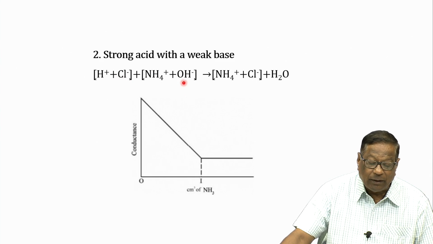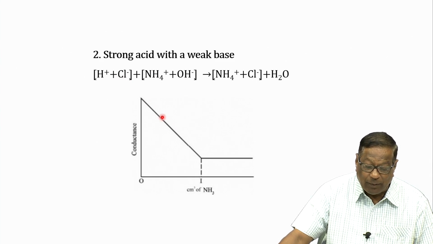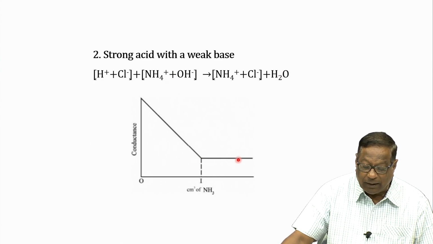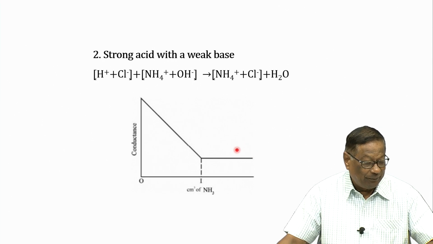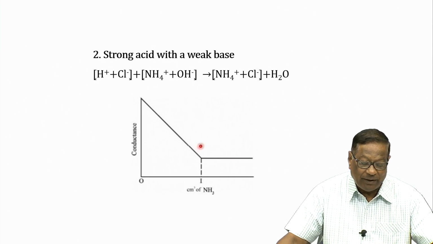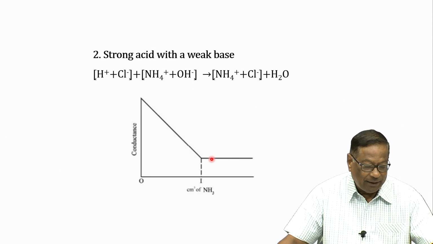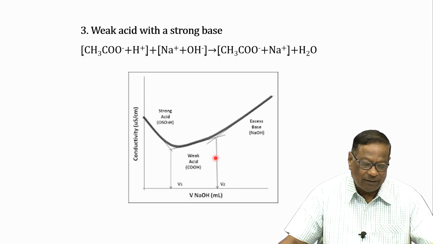The conductance will keep on coming down so long as water is formed as one of the products, and the excess NH4OH will remain, so conductance will remain essentially the same. So, the intersection is again available for the interpretation of the neutralization.